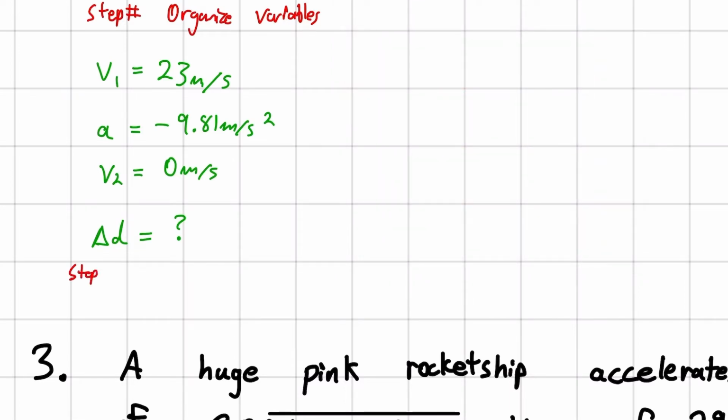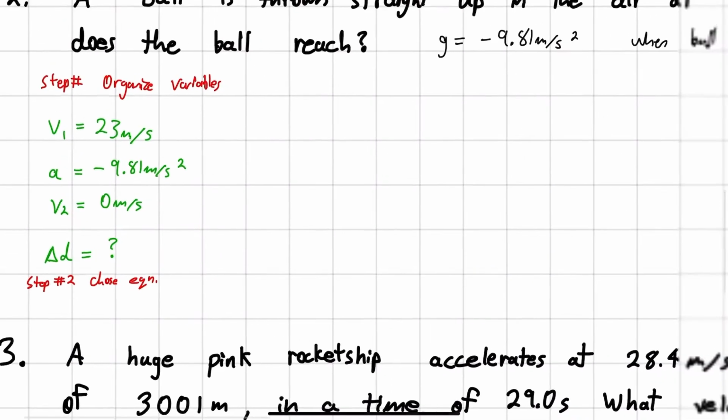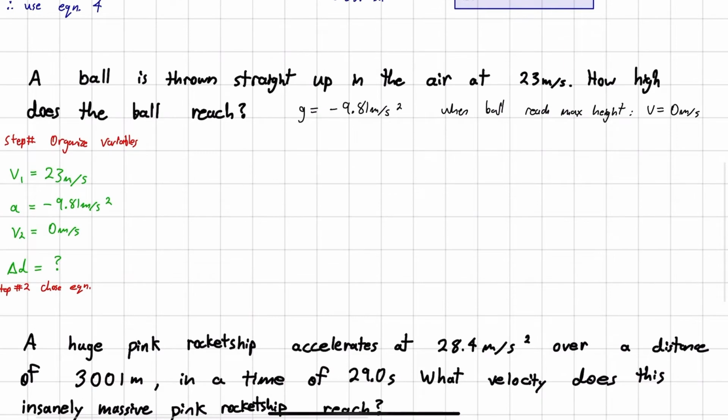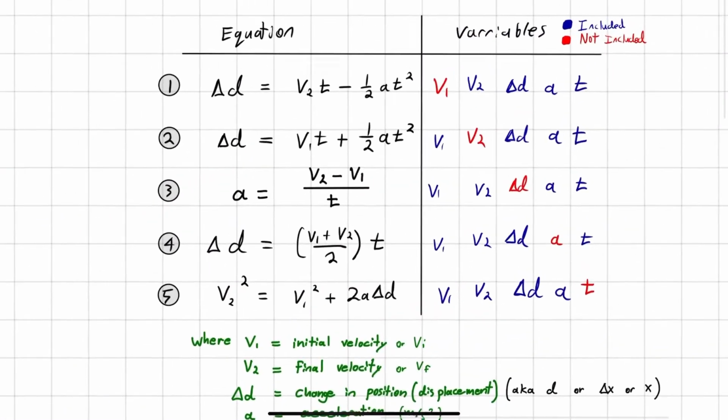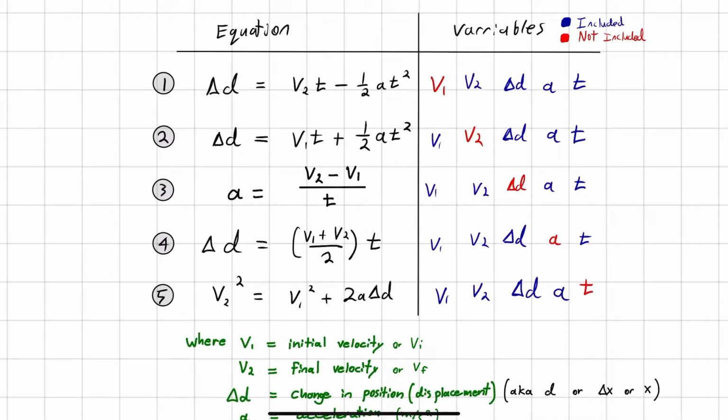Okay, step 2, choose our equation. So keeping in mind the variables that were given, V1, A, V2, delta D, which equation are we going to use? Well, equation 5, V1, V2, delta D, and A. We don't care about time in this question.